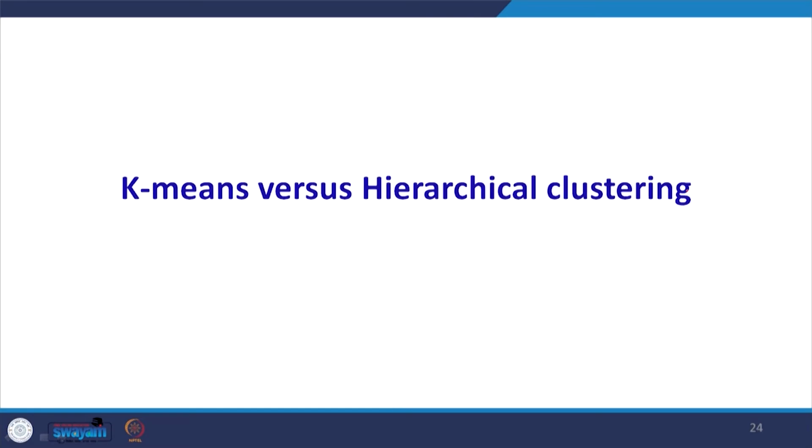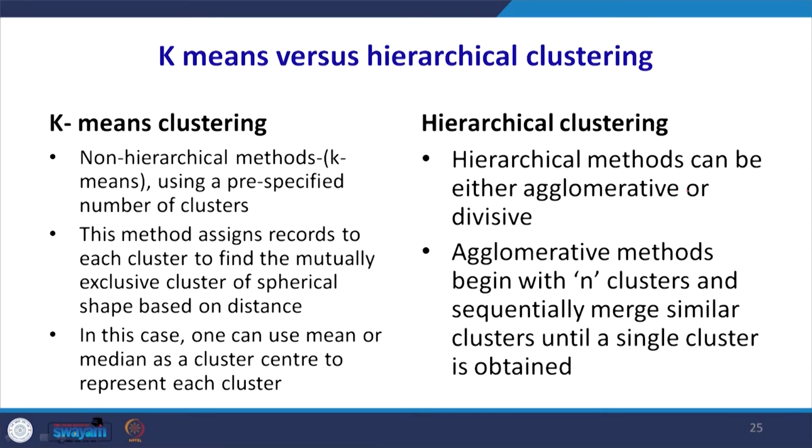Let us compare k-means versus hierarchical clustering. K-means clustering is a non-hierarchical method because it uses a pre-specified number of clusters. So, when we are doing k-means clustering, in advance we know how many clusters we are going to have. This method assigns records to each cluster to find mutually exclusive clusters of spherical shape based on distance.